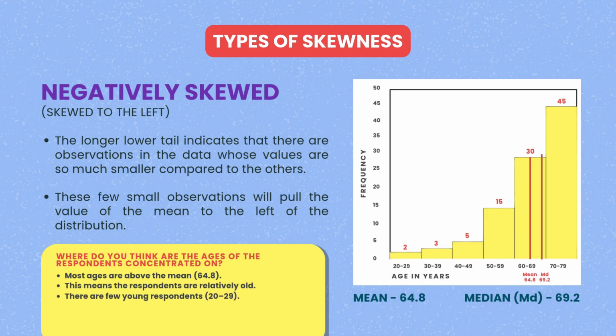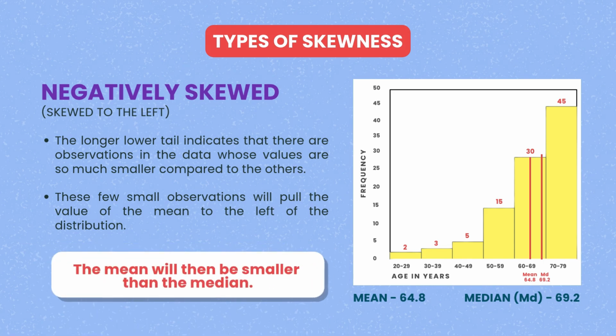There are young respondents, 20 to 29 years old, but very few. These values can be considered as extreme values that cause the distribution to be skewed. These values pull the value of the mean to the left. In a skewed to the left distribution, the mean will then be smaller than the median.